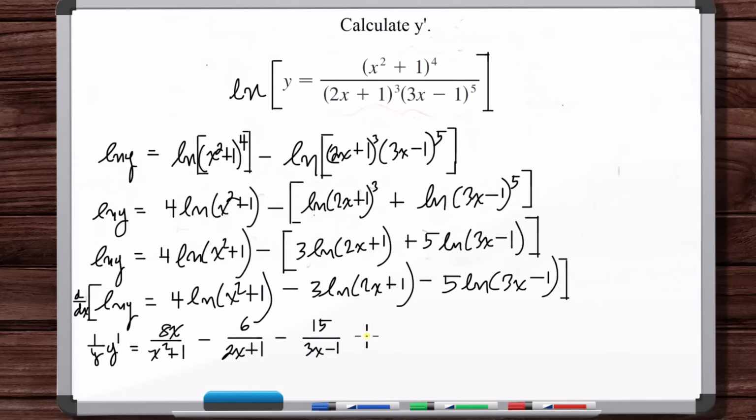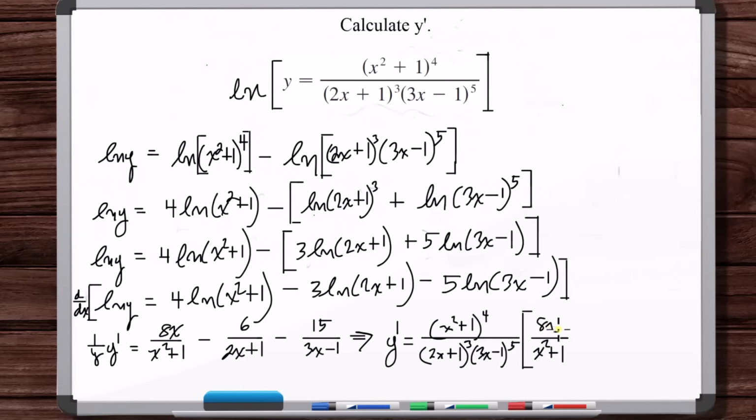So we get y prime is equal to, so write out y, and then that times all of this. And there you go, that's y prime.